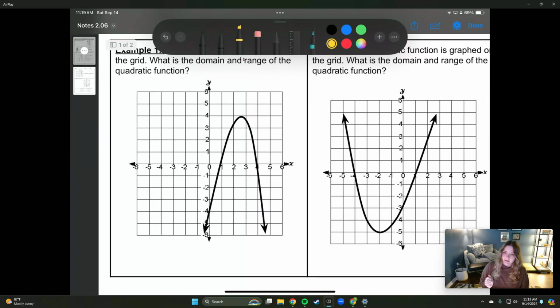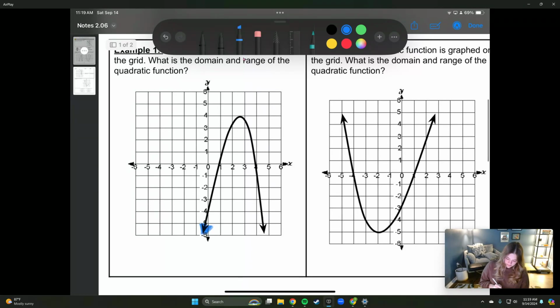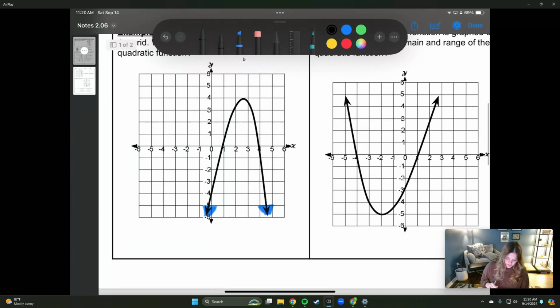This is different, right? Because now we've got these two arrows here. It takes this big curve. What I want you to pay attention to is look at these arrows. Typically, when you see arrows on a line, what does that mean? It's going to go on forever and ever, right? It's never going to stop because it's arrows. It's going to keep going.